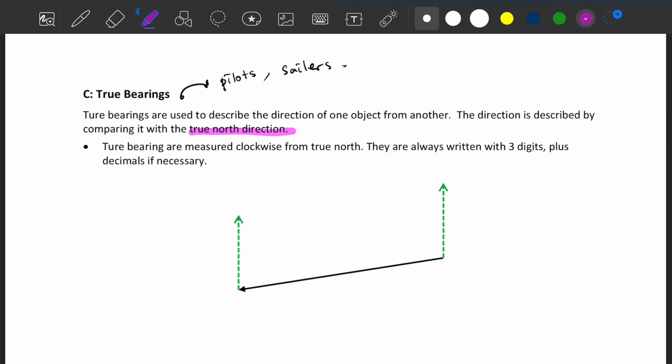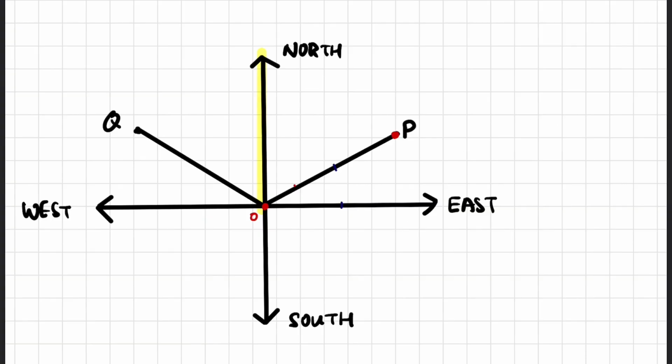Let's talk about true bearing using the compass. Let's look at this compass together. We have a line here between the origin O and the point P, and we are trying to calculate the bearing of the point P. To do that, we need to use the true north line, which is the line here.